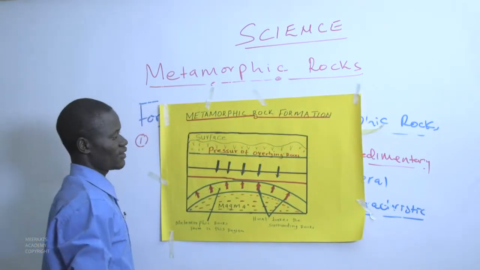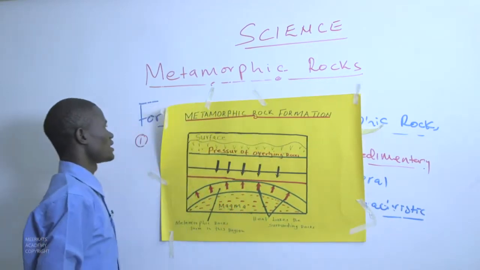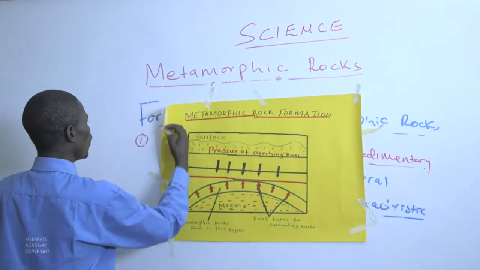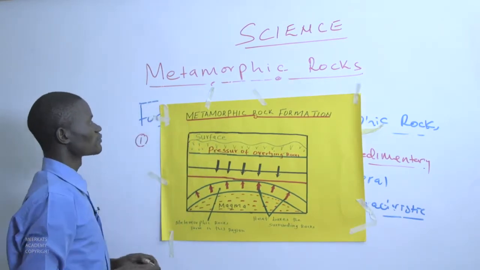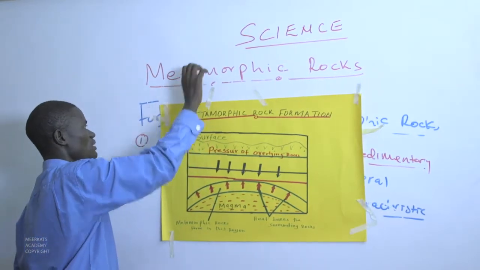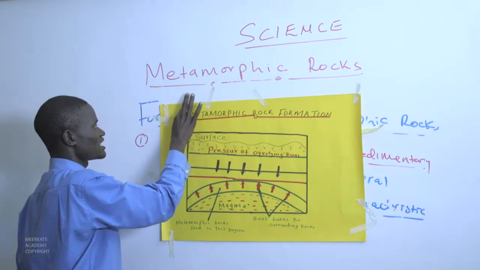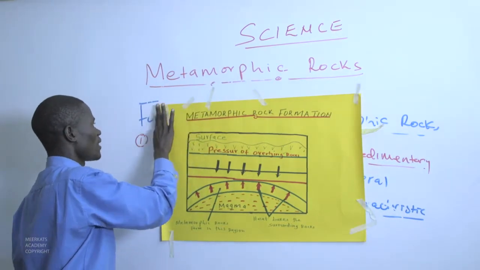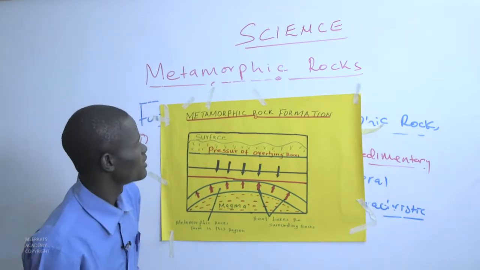It is explaining how these rocks are formed. The metamorphic rocks have been formed after the sedimentary and the igneous rocks are subjected to great heat and pressure. There will be a resultant formation of this rock.